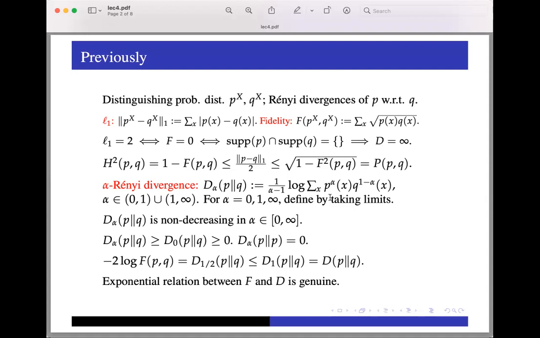But strictly speaking, this requires a justification why we are taking 0 to the power 0 equal to 0. So that justification comes from taking limits. So to make the understanding clearer, let us adopt this definition for alpha in this range. And for the special values of alpha, namely alpha equal to 0, 1, or infinity, we can define by taking limits. Or else we use this formula.